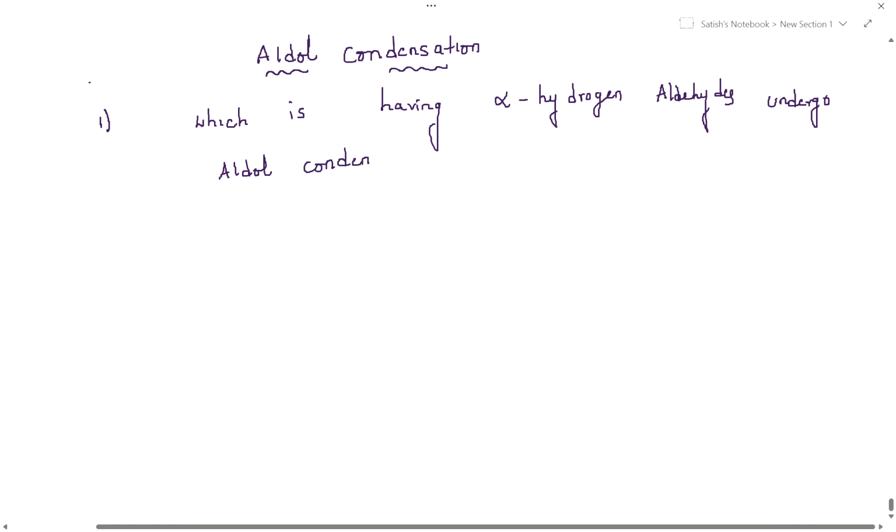Let me give one example so you can understand better. CH3 C double bond OH. Whenever an organic molecule is there, if you write the expanded form like this, then the connectivity in the question is very easy for you. You may write CH3CHO also. This is what we call acetaldehyde. What is the IUPAC name?